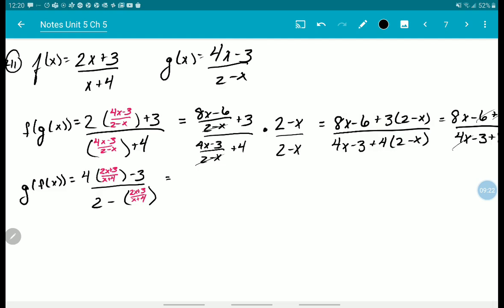So I'm going to go ahead and distribute that 4 to the top of that fraction. 8x plus 12 over x plus 4, and then minus 3 over 2 minus, this is 2x plus 3 over x plus 4. Let's multiply by that least common denominator.